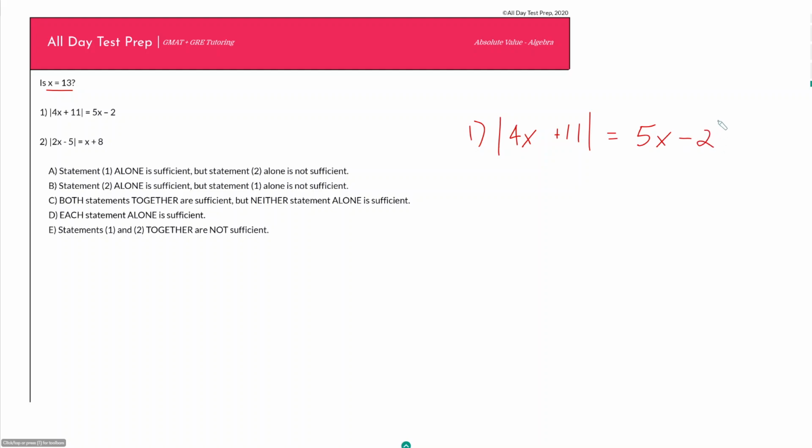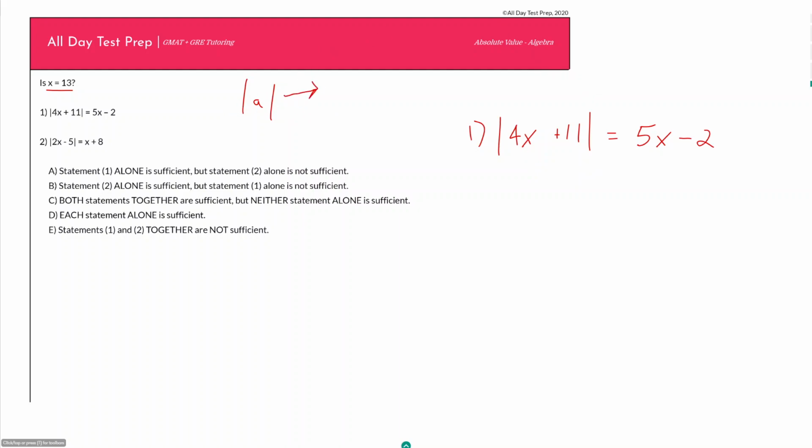So now our goal here is to get rid of our absolute value signs. Even though we have an expression under our absolute value signs, it's no different than if we just had the absolute value of a, where in this case a just happens to be equal to 4x plus 11. I don't want to use x again because we have an x here.